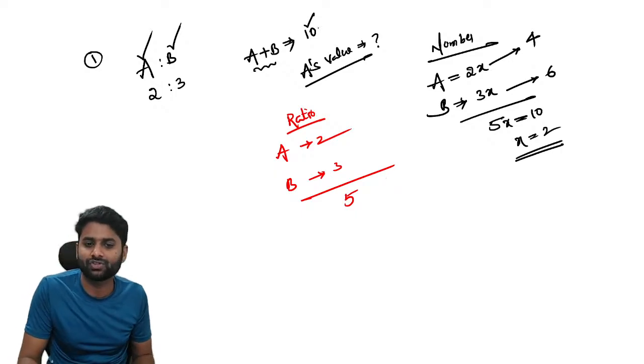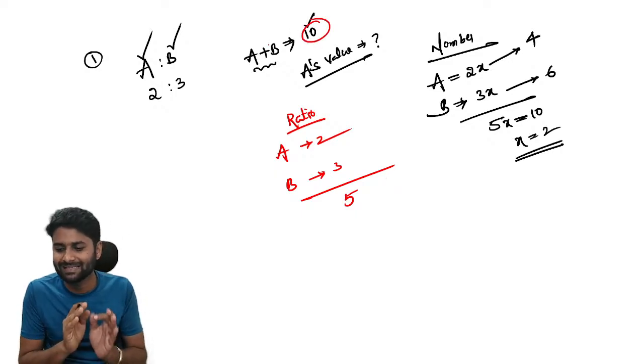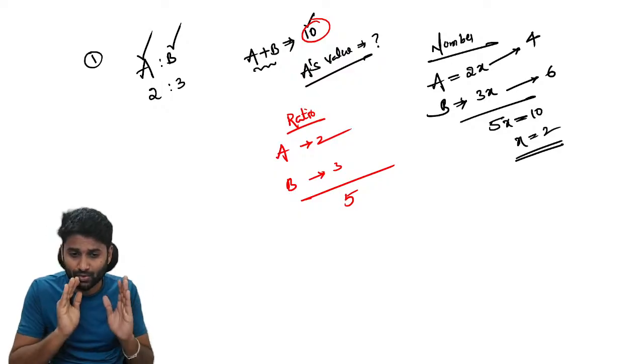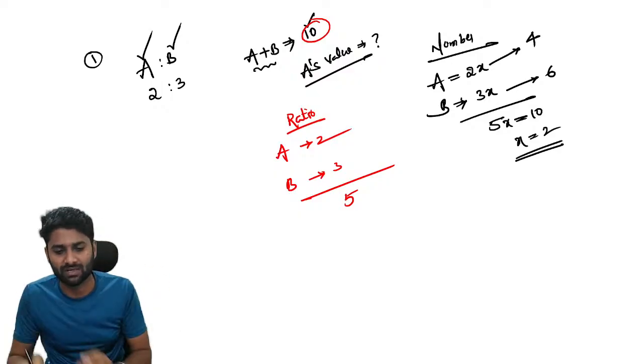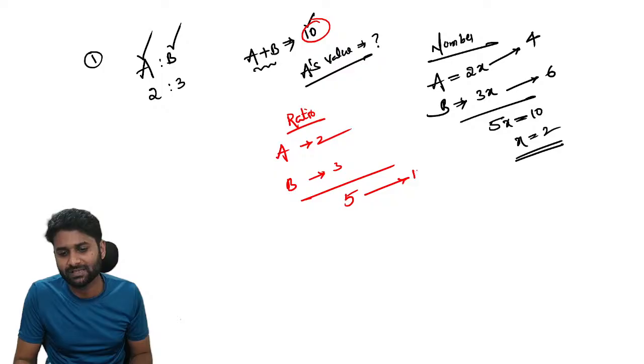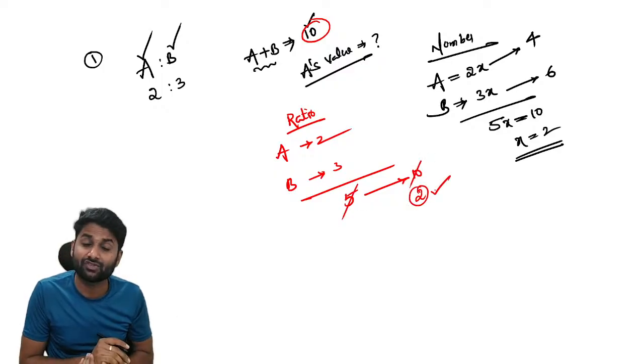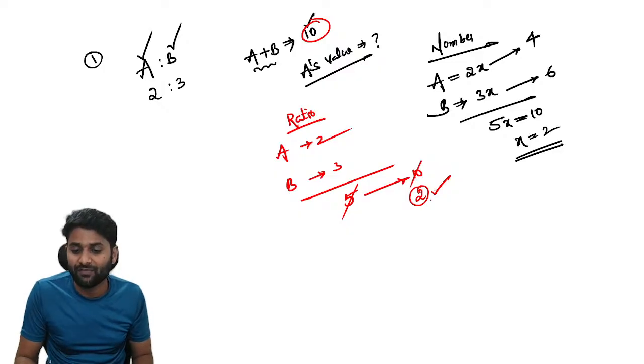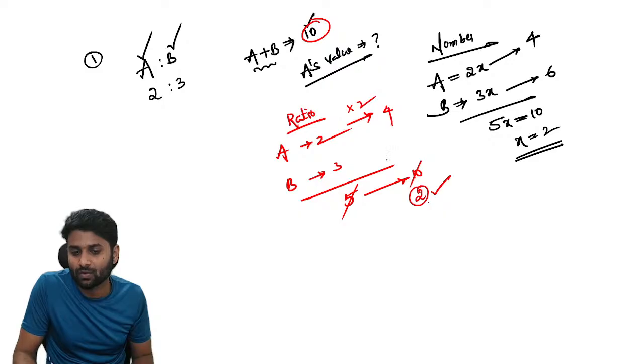But according to the question, the sum of two numbers is 10. Now you just compare these values with the original. So if 5 units is equal to 10, then each unit's value is 2. If each unit is 2, the exact value of A is 2 into 2, which is equal to 4. B's value is 6. Is it clear?